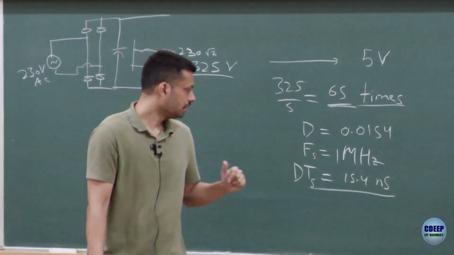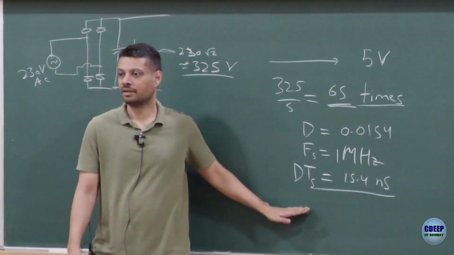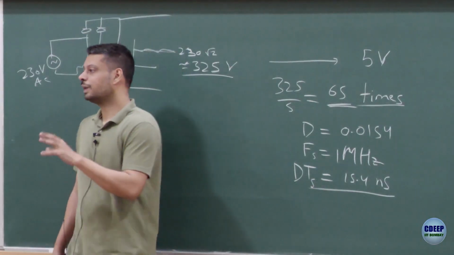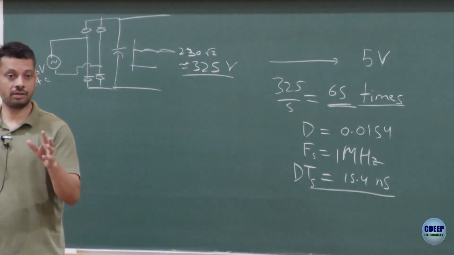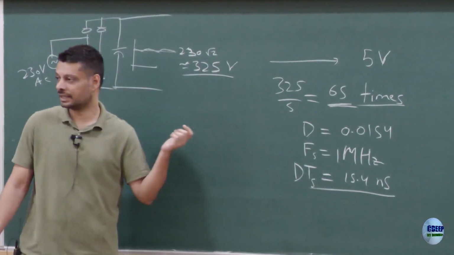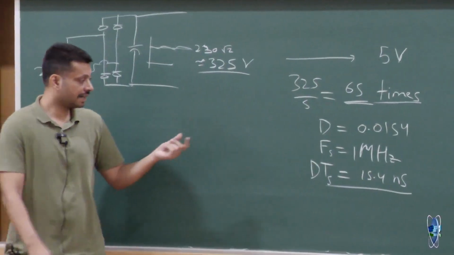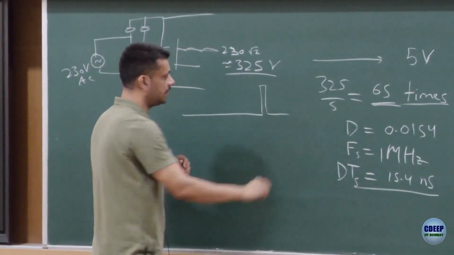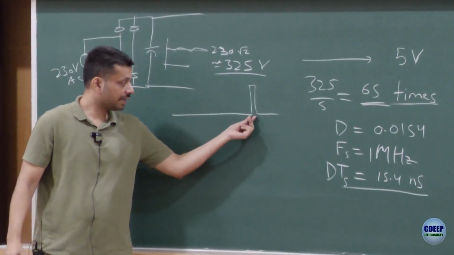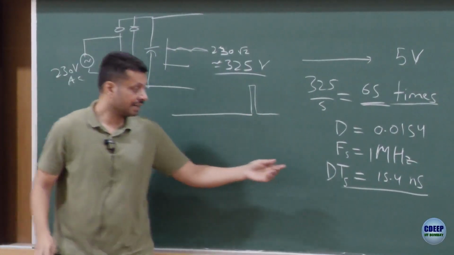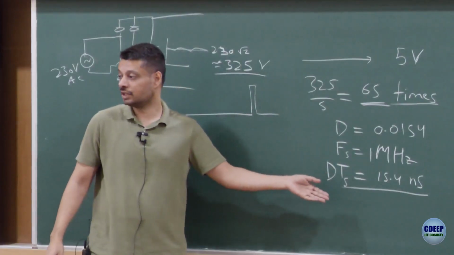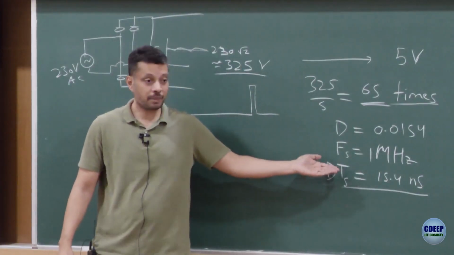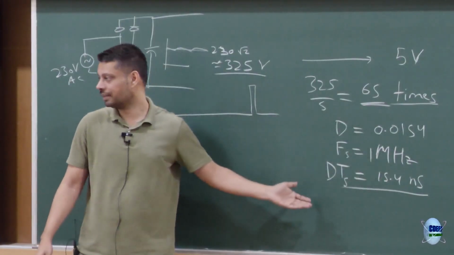Okay, fine. Now you see this value. If I am using my same microcontroller to generate this duty cycle, I really want very high precision in D into TS, because if this is 10% off, my output voltage will also be 10% off.